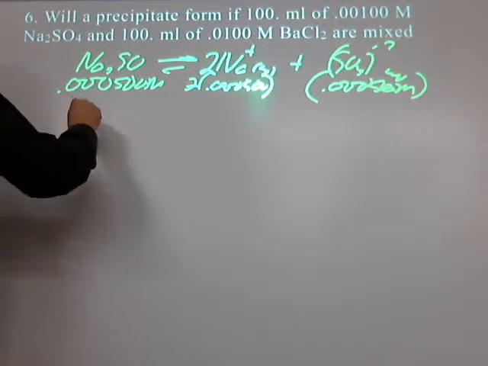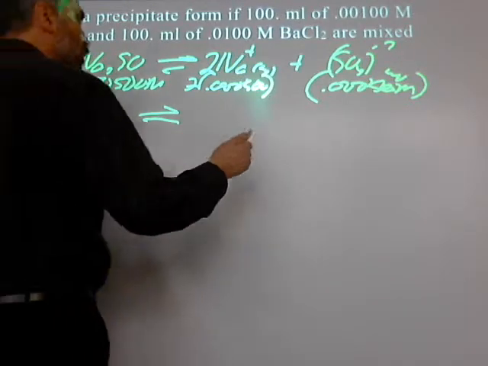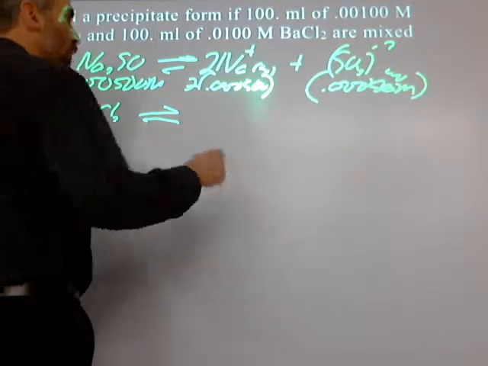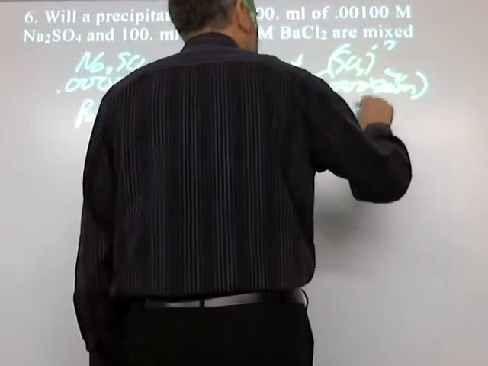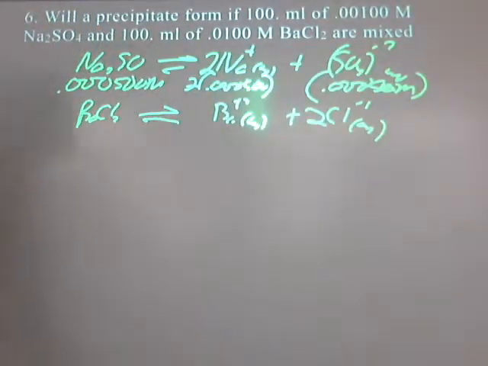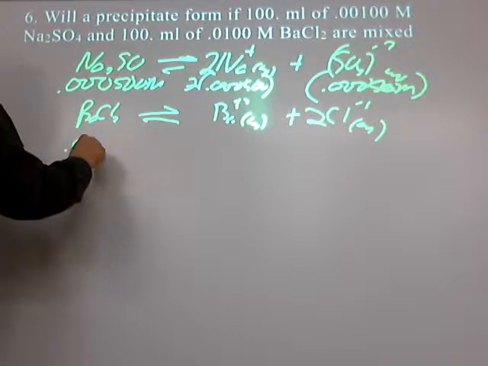The other guy, barium chloride, breaks up into, again, here's one where you don't get chlorine gas. Nowhere do you do that when it's just dissolving in water. Barium ions and chloride ions. I need 2 chloride ions. And I start out with not 0.01, but rather 0.0050.